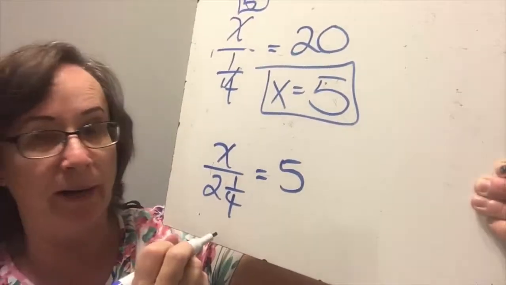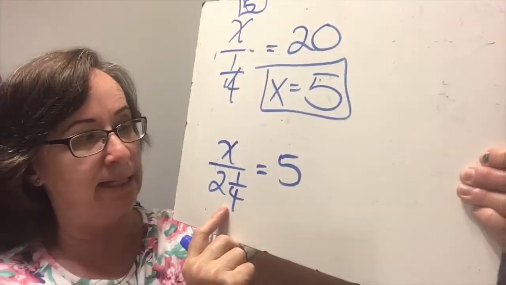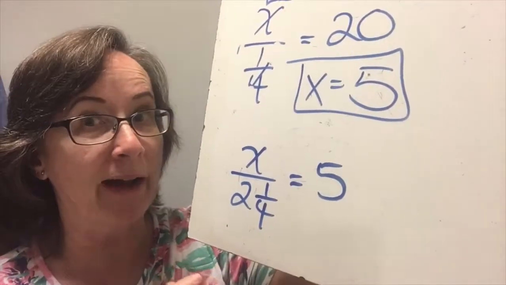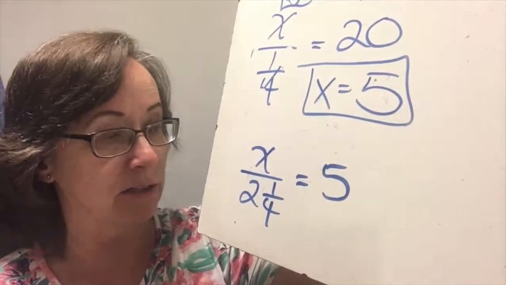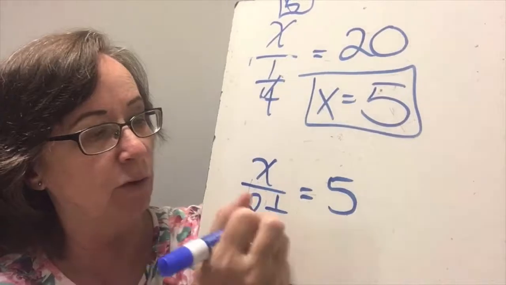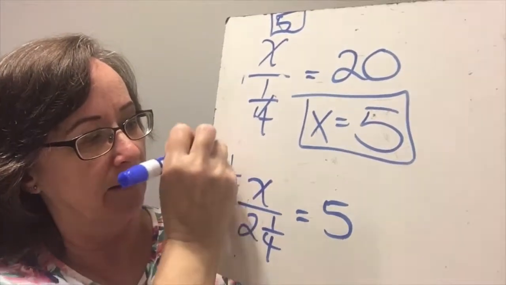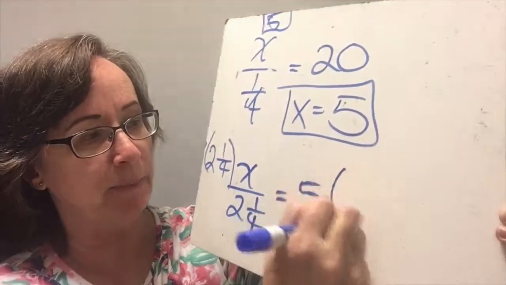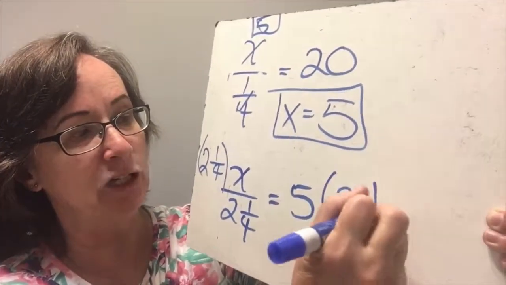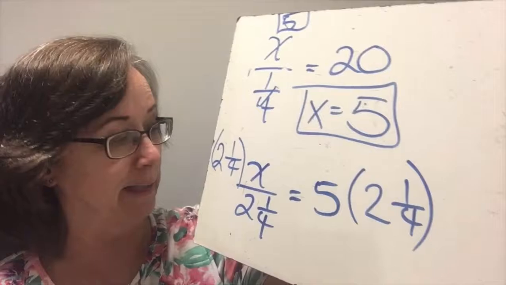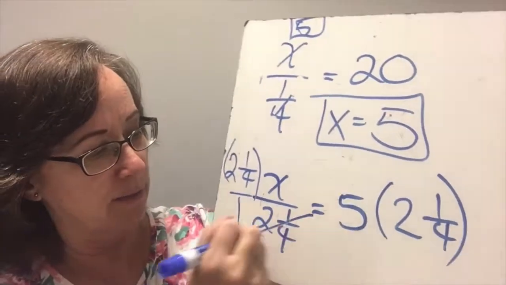Okay, so we're going to, first of all, change this. Either before or after you multiply, it doesn't matter as long as you do it at some point. You could just go ahead and multiply by 2 1/4, and multiply this by 2 1/4, and then change it into an improper fraction. That will be fine. Okay, so this cancels this.